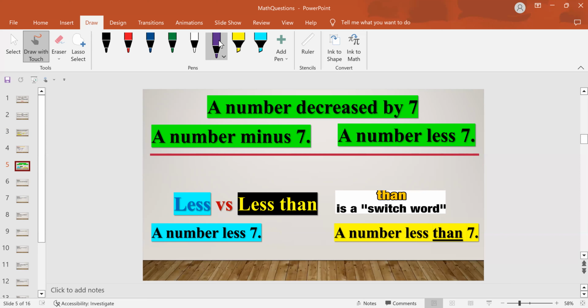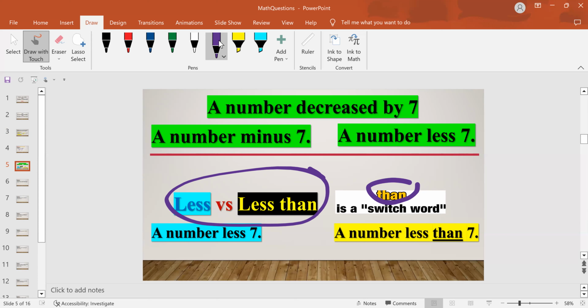Now, what is the trick part to understand? Here, less versus less than. In some questions, you will see less than instead of less. So less and less than are not the same thing.